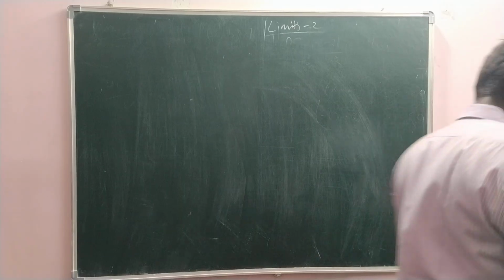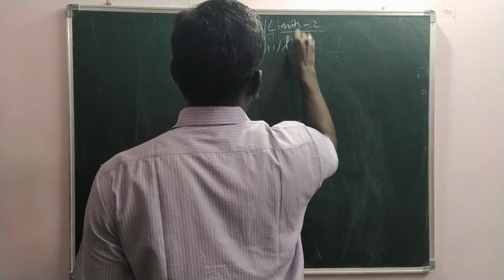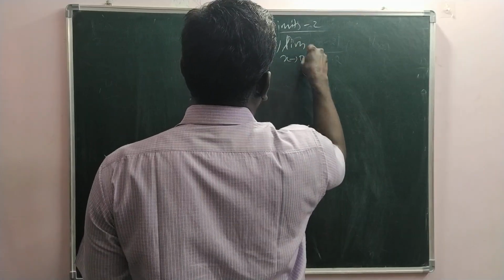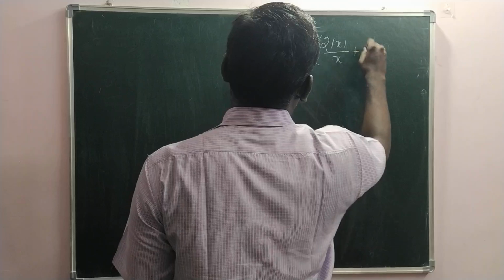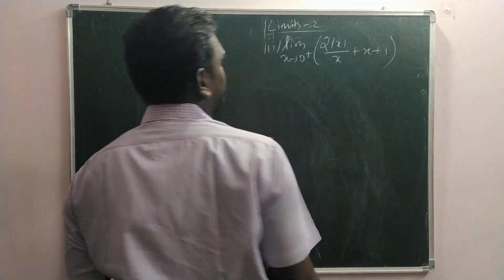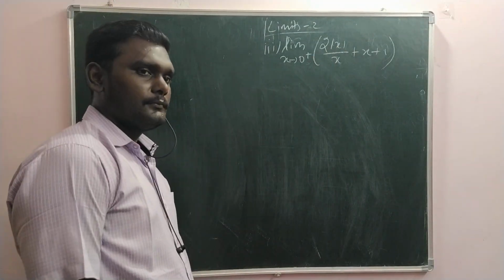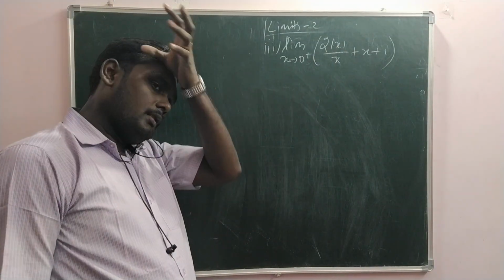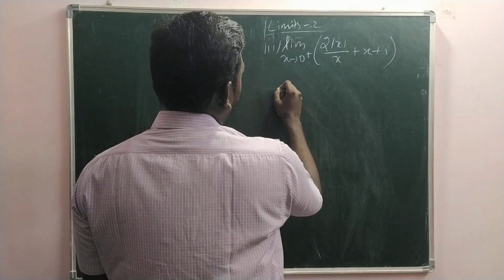Say limit x tends to 0 plus, 2 into mod x by x plus x plus 1. You should be finding the limit. See again, when you apply 0, what will you get? 0 by 0. Yes. So apply the definition of mod.